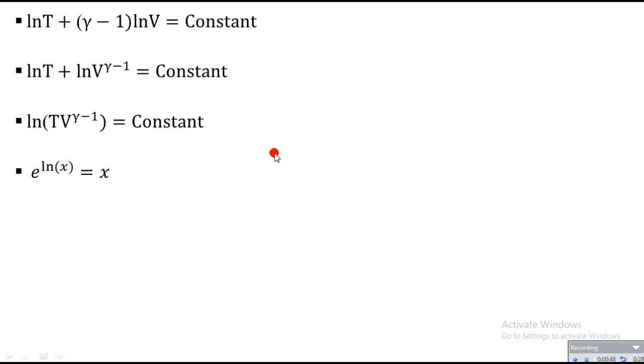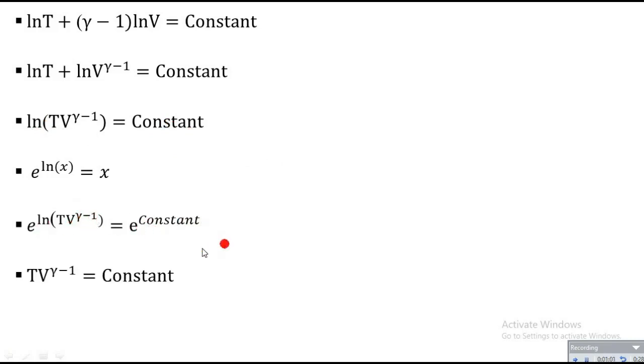Remember also in mathematics, when you have e power ln x is equal to x, then we can apply e on both sides. In that case you have e power ln T V gamma minus 1 is equal to e power constant. Then we cancel the e and ln, so T V power gamma minus 1 is equal to constant.